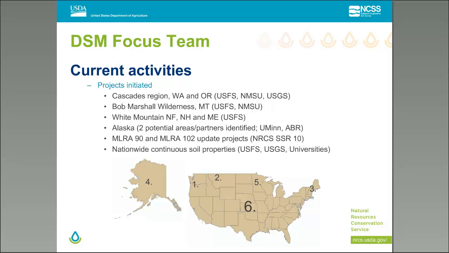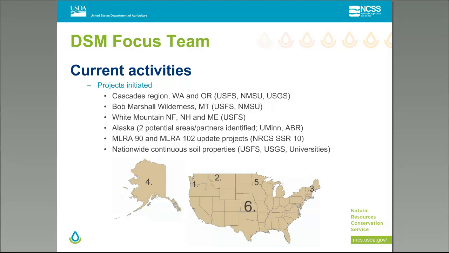We've initiated several projects with our partners. We have a project in the Cascades region. This is in coordination with Forest Service, New Mexico State University, and USGS. We have a project starting up in the Bob Marshall Wilderness of Montana.